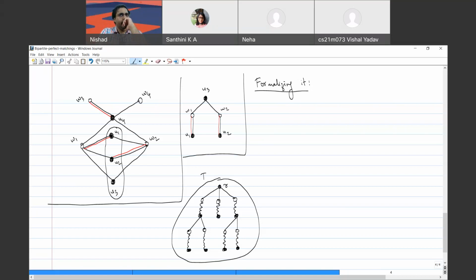Let's say we are at some step of the algorithm. At this step, what is it that you're going to look at? What are the edges of the graph that you want to look at? We've got a tree, we have a root, and this is what the tree looks like. So what is it that you are examining at each step of the algorithm?